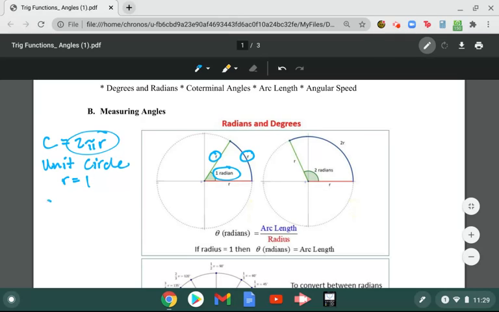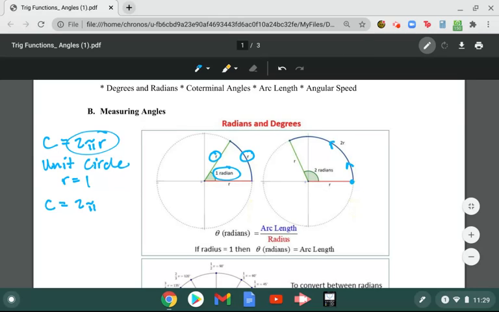So on that unit circle, the circumference, the arc length, or the path all the way around that circle has a length of 2 pi. Now we can talk about traveling all the way around the circle. When we talk about rotations, we start at the positive x-axis. For positive values, we're going to travel counterclockwise.